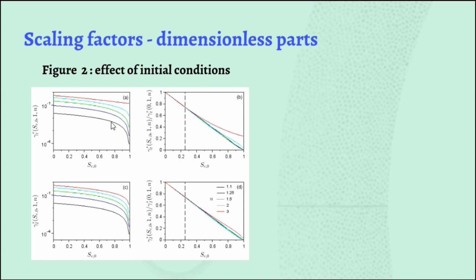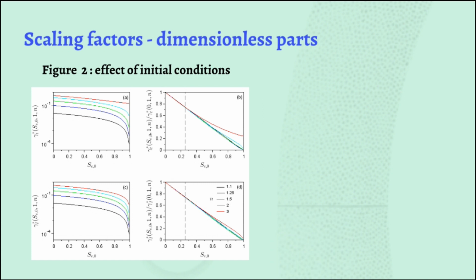So we have here n equal 1.1, 1.25 up to 3. And we can see that, of course, this quantity depends on both the initial saturation degree and the shape parameter n. But there is a means to synthesize the information.